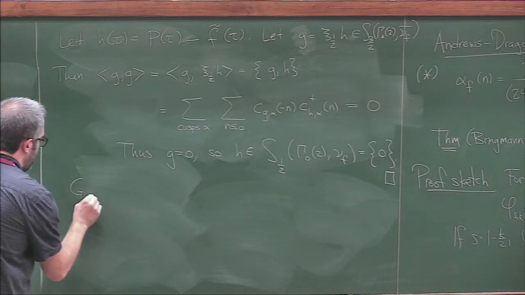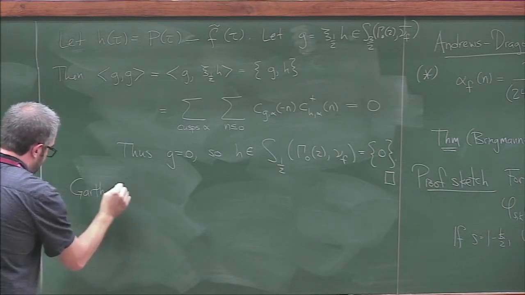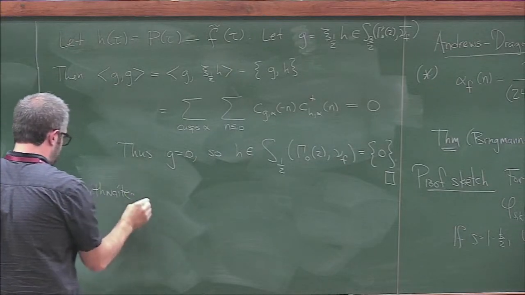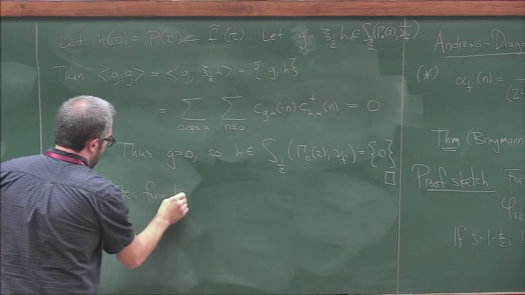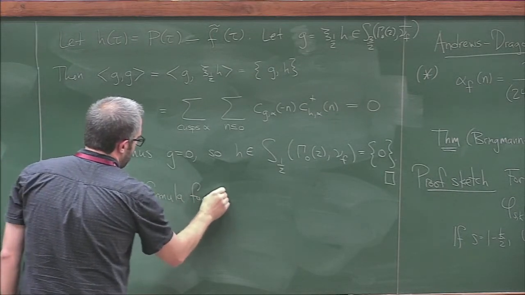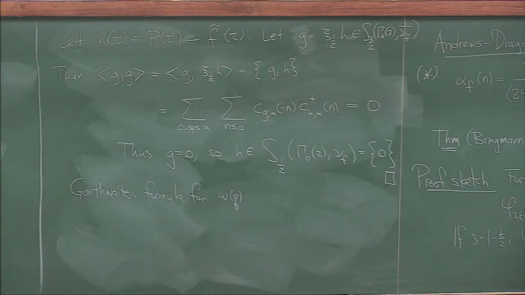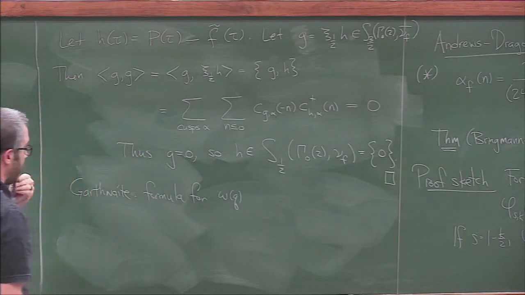Sharon Garthwaite, this would have been just a couple of years after the Bringmann-Ono paper, proved a formula for the coefficients of omega of q, using essentially the same techniques, because f and omega are related under some of these transformations. And so if you get a formula for f, you can probably turn it into a formula for omega. So that was a paper of Sharon Garthwaite.